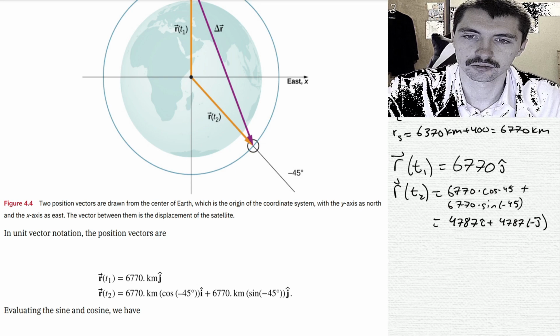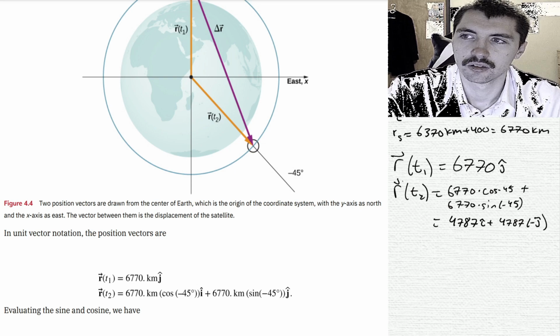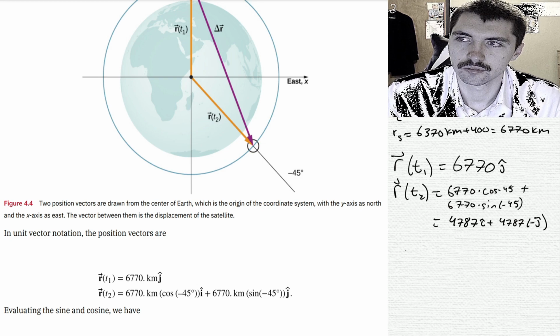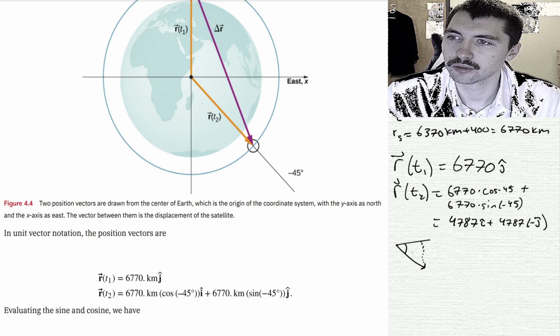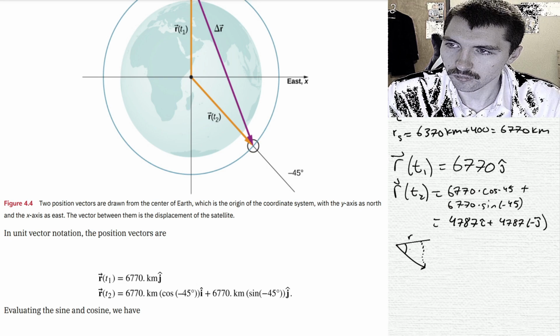Okay, so you might be wondering how are we finding this? So we have this vector. It's at this angle. Now we know the radius r is the magnitude. We know this angle theta.